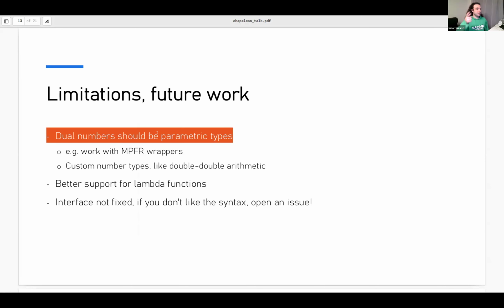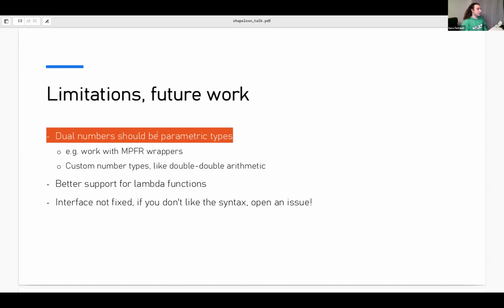Yes, exactly. That's exactly the slide that I skipped. I think dual numbers should be more generic, more like a parametric type, so that it would work, for example, if I have an MPFR wrapper and I want to do arbitrary precision, or if I implement my own arbitrary number type for double arithmetic because I need more bits of precision, then it should automatically work with that.